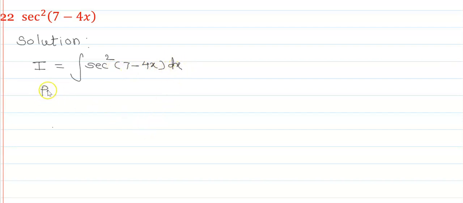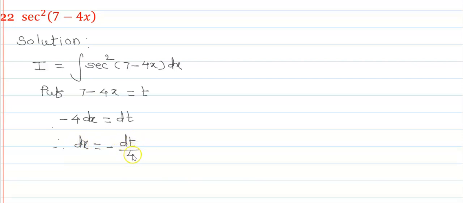Again put here 7 minus 4x is equal to t, and it's clear that minus 4, the derivative of 7 being 0, and dx is equal to dt, and therefore dx is equal to minus dt upon 4. Important.